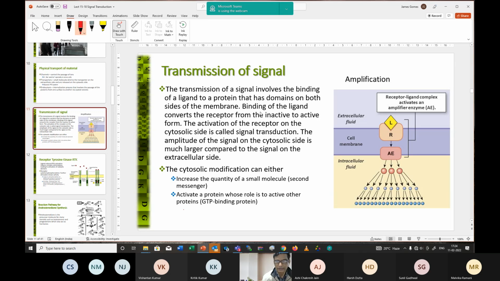Then that receptor and ligand binding will essentially get into a situation where there will be an amplifier enzyme that essentially amplifies the signal.